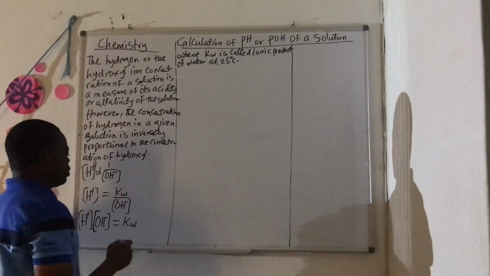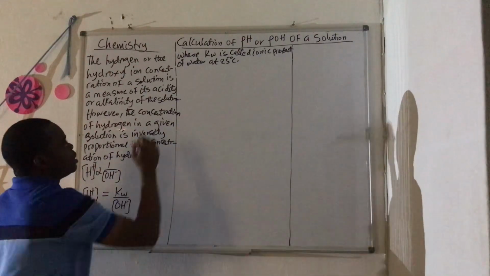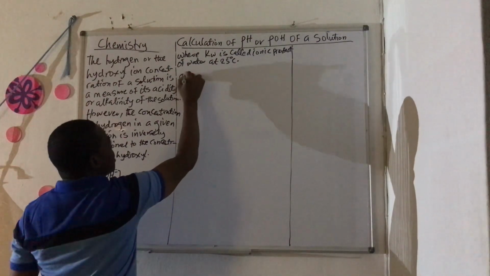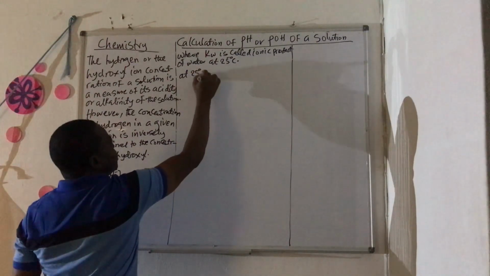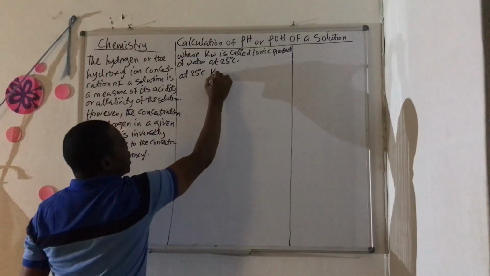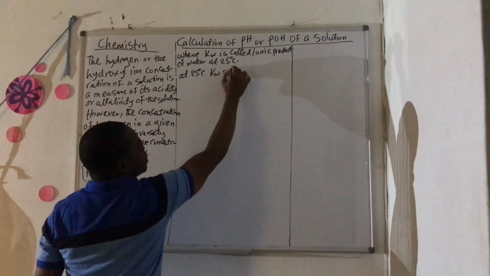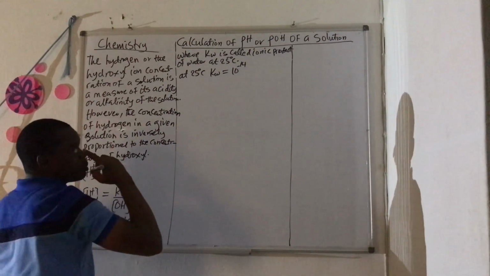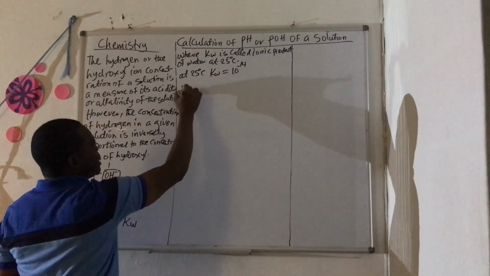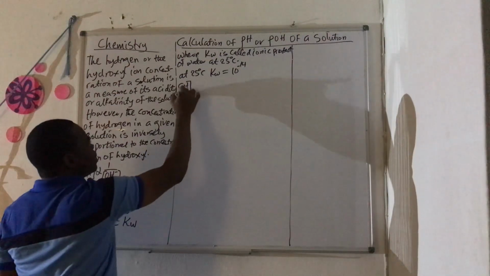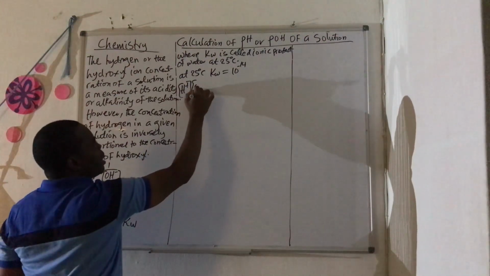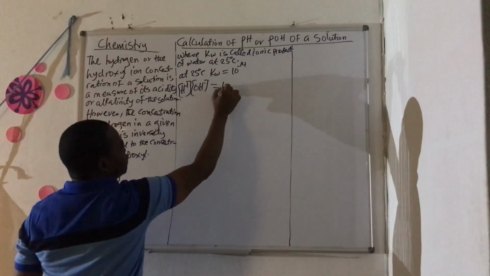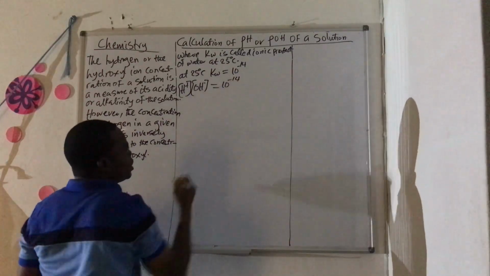We still have other related formulas to solve this. At 25 degrees Celsius, Kw is equal to 10 raised to power minus 14. However, we can write hydrogen ion multiplied by the hydroxide ion will give you 10 raised to the power minus 14.